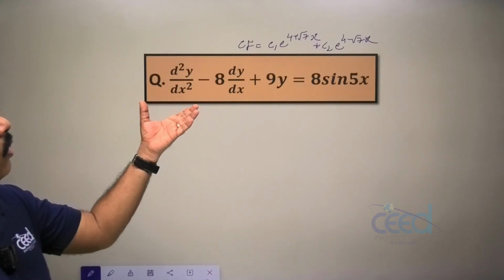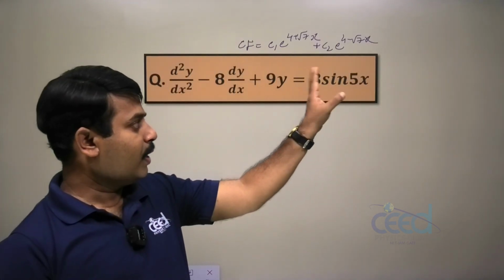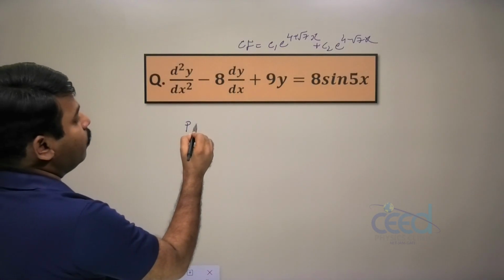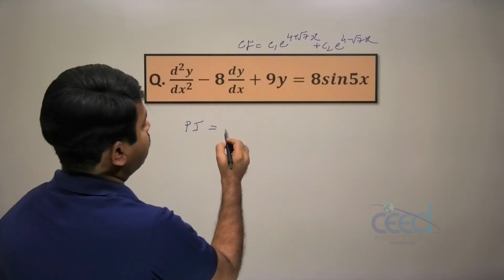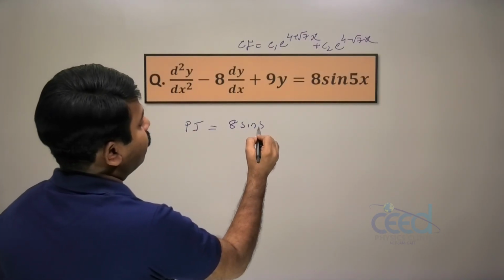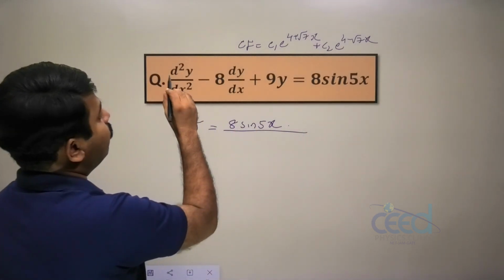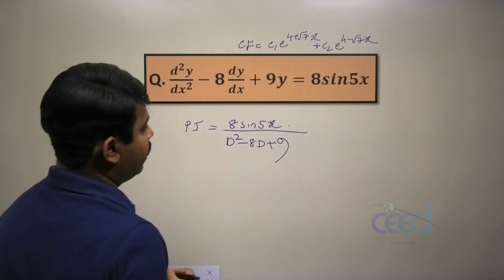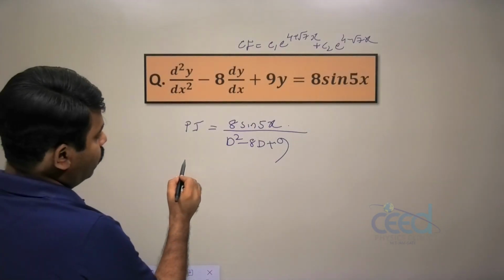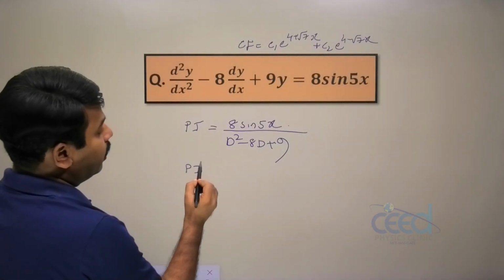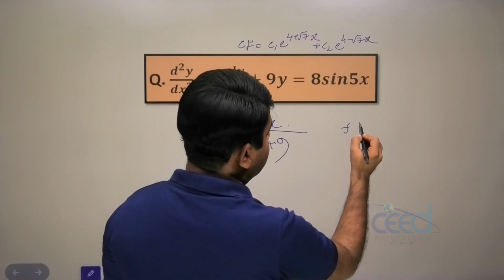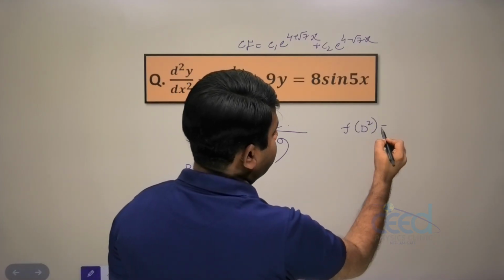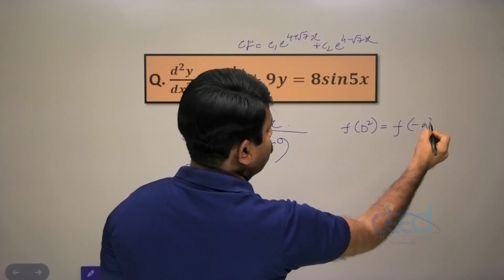Now regarding the particular integral, what we write is 8 sin 5x divided by d square minus 8d plus 9. Now in the particular integral, f of d square you change to f of minus a square.